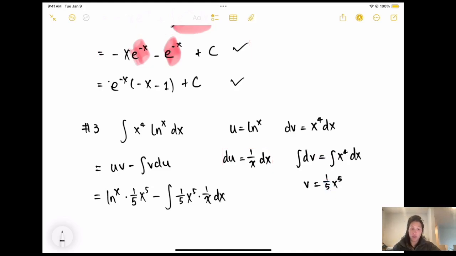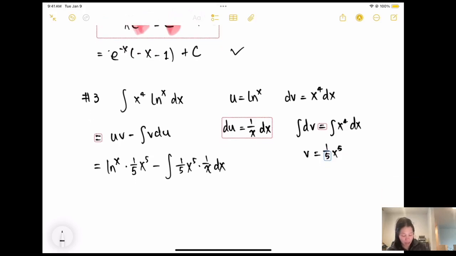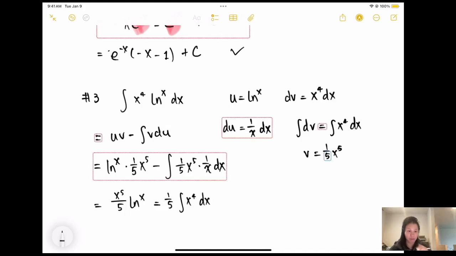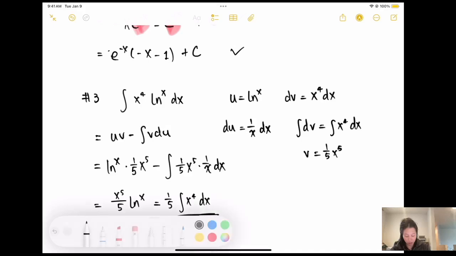Now we want to clean this up a little bit because it looks very messy to me. I would write x to the 5th over 5 times ln of x. We can pull the 1/5 out. Then I will get 1/5 x to the 4th dx. Now continue to do the integration. Oh, this is subtraction.